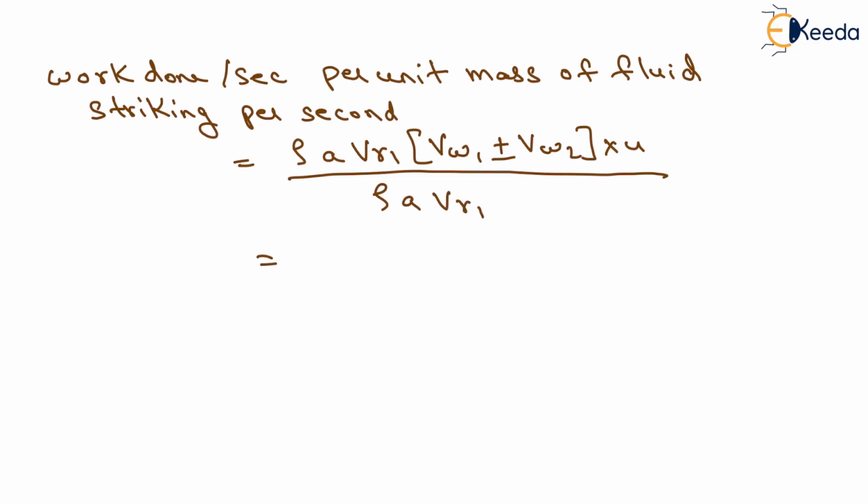Now after solving this, we will have the value equal to Vw1 plus minus Vw2 into u, and the unit will be Newton meter per kg.